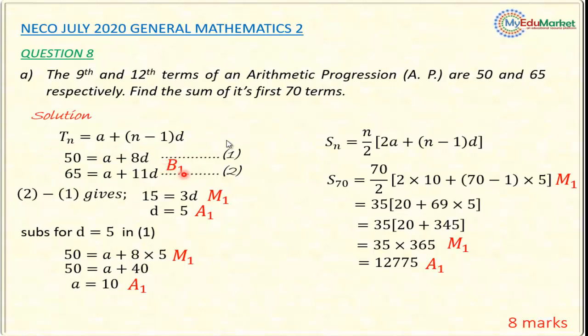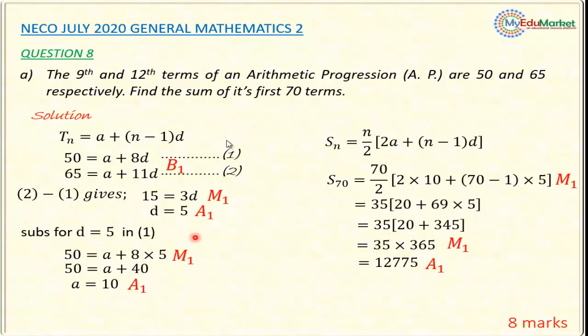Next is a method mark, and that method mark is for solving these two equations simultaneously. You have the method mark with any method, either substitution or elimination. Then the next mark is an accuracy mark, and this mark is for getting d equals 5.